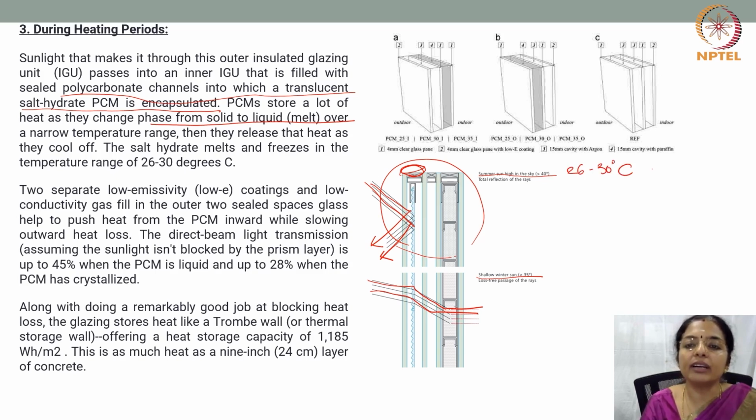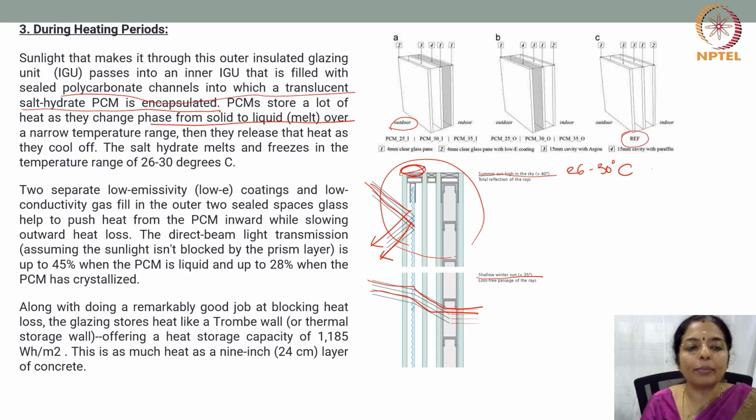So here we have an example of three windows. This first one has the PCM incorporated in one of the cavities which is towards the indoor, and here you have it in one of the cavities which is exposed to the outside, and this is a reference window.